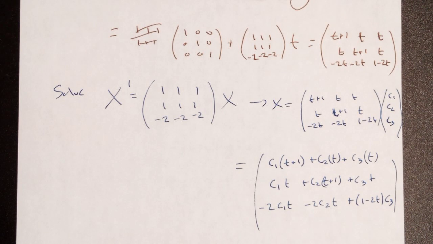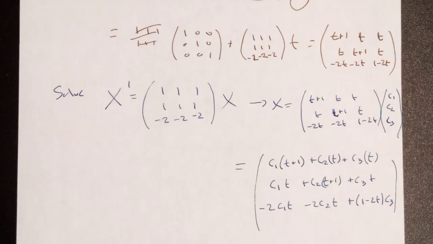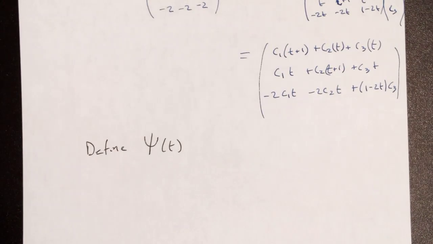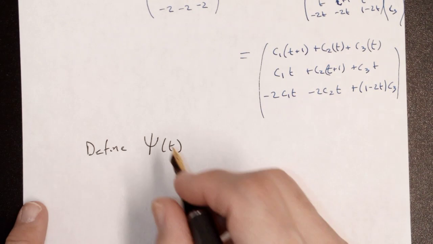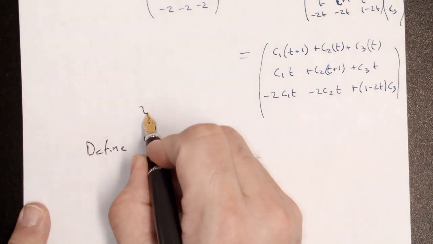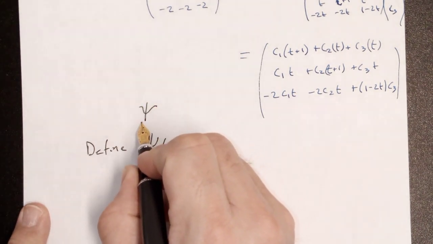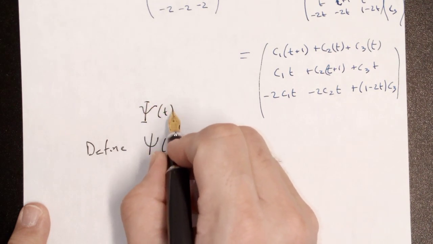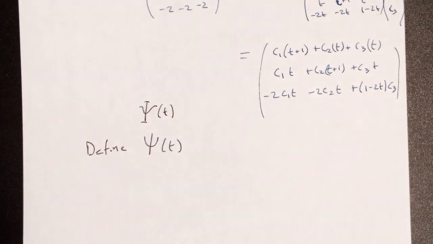I called the fundamental matrix phi, right? The textbook is going to use a different letter right now. We're going to find psi of t. Ooh, pitchfork. Technically, the capital Greek psi has flares and serifs, but I can't draw that to save my life, so I just keep making it a pitchfork.